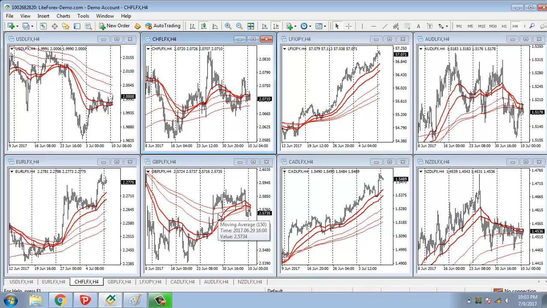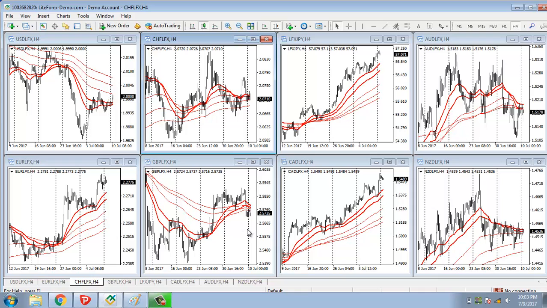So with 2 individual currencies already ranging, do you think it would be a good idea to trade the pound franc? Obviously not. Trading pound franc is not a good idea because it's going to be range bound. The fact that Swiss franc is ranging and pound is also not doing anything, it's not a great idea to trade either of these pairs.